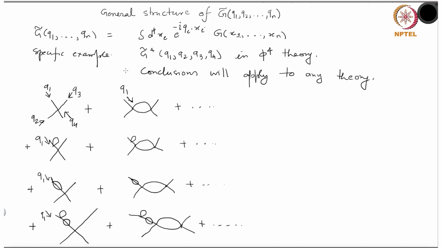Okay, so when you write down this diagram, and the expression of this diagram for G tilde, you will write i over q1 square minus m square plus i epsilon times the remaining part of the diagram. You can visit the first part of this course and you will find that this is what we should write.